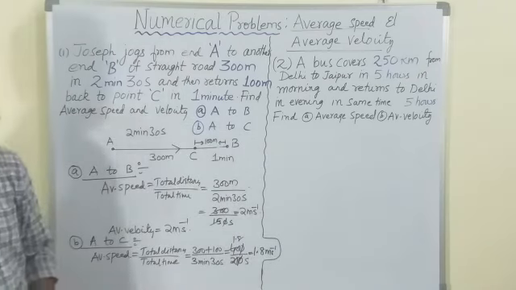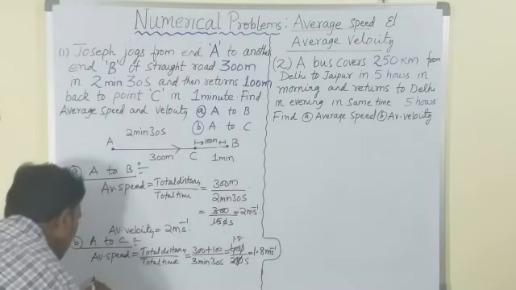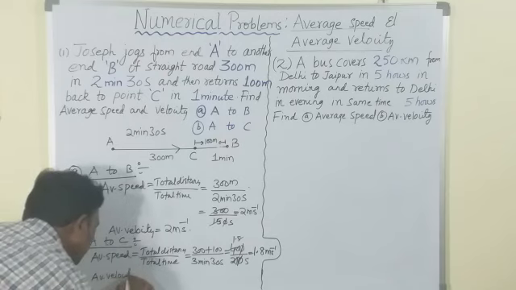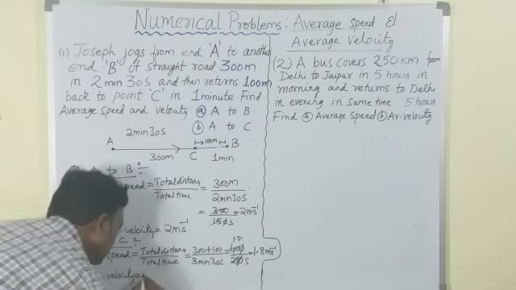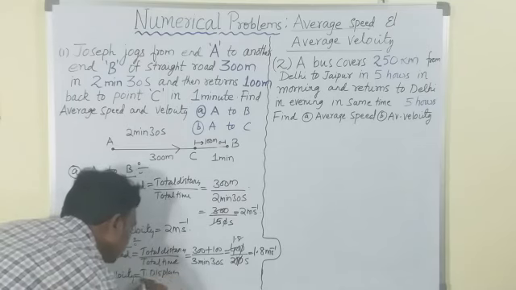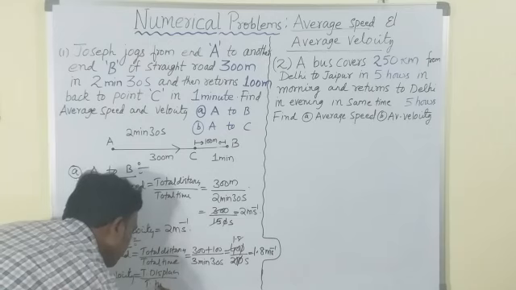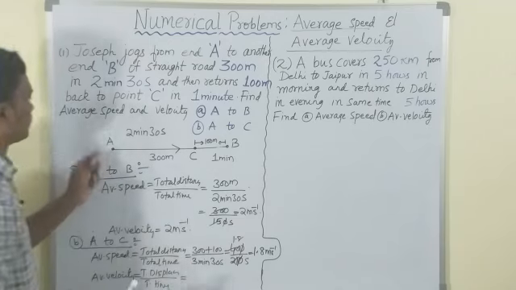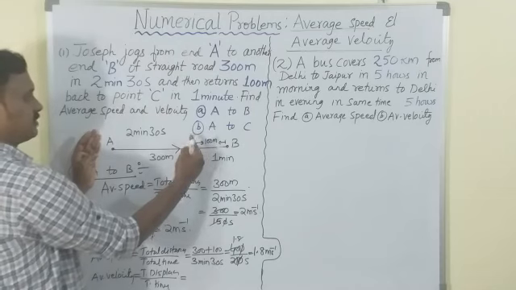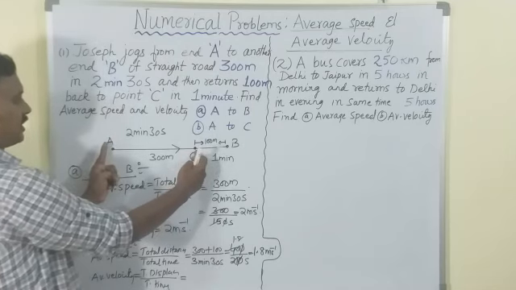Next step, average velocity. It is the total displacement by total time. The body has come here, so C is the final position and A is the initial.